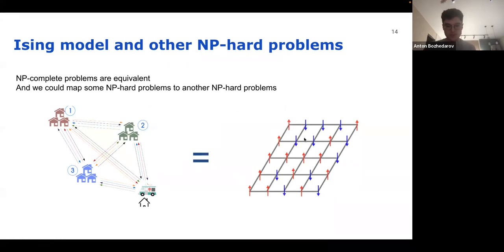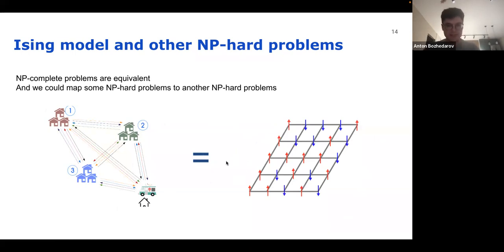When we solve these problems of system configuration on the energy landscape, it means that we solved, for example, the traveling salesman problem, because we have a correspondence between all of these problems.